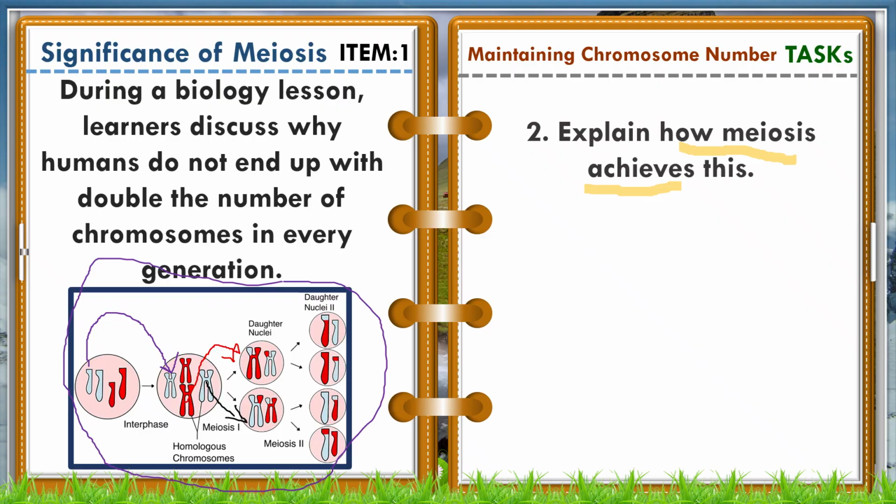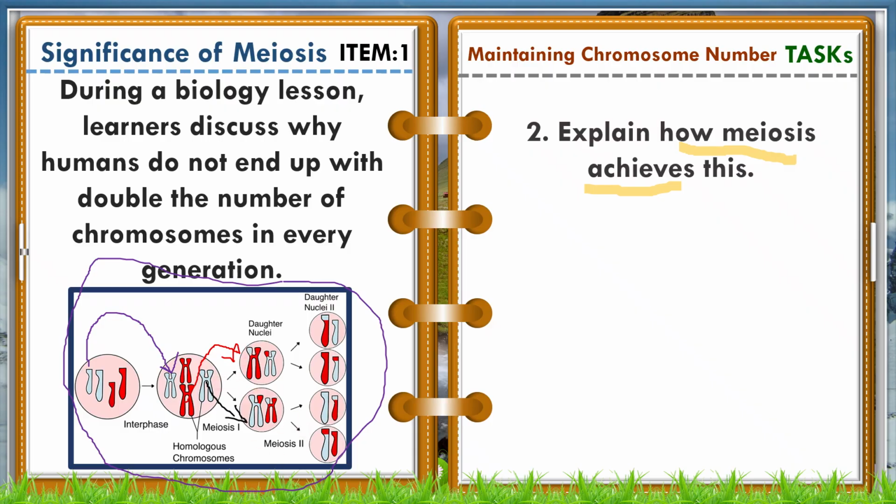Then when we go to meiosis 2, we shall have the sister chromatids separating and going to different cells. So we are going to end up with 4 daughter cells here: 1 cell, 2, 3, 4. Let us look at this chromosome here.